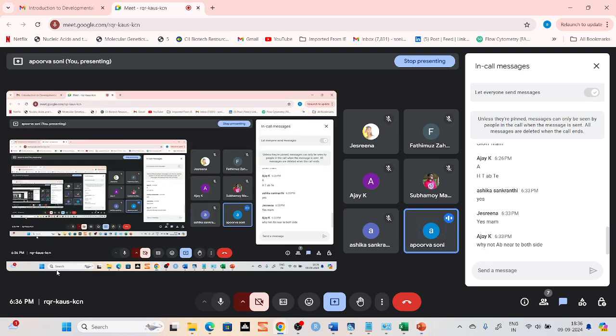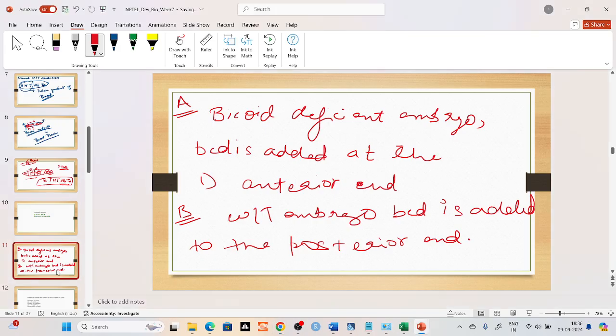Okay. So these are the two questions that you have to solve. First question is in a bicoid deficient embryo, if you add bicoid at the anterior end, then what would be the phenotype? Second question is in a wild type embryo, if you add bicoid at the posterior end as well, then what would be the phenotype?